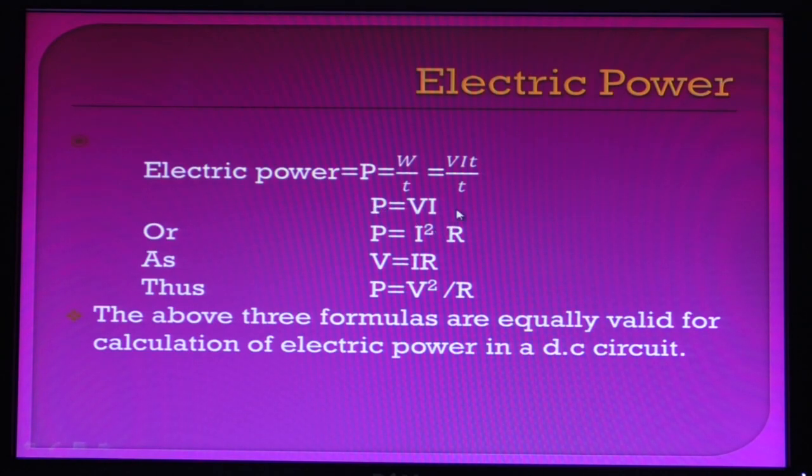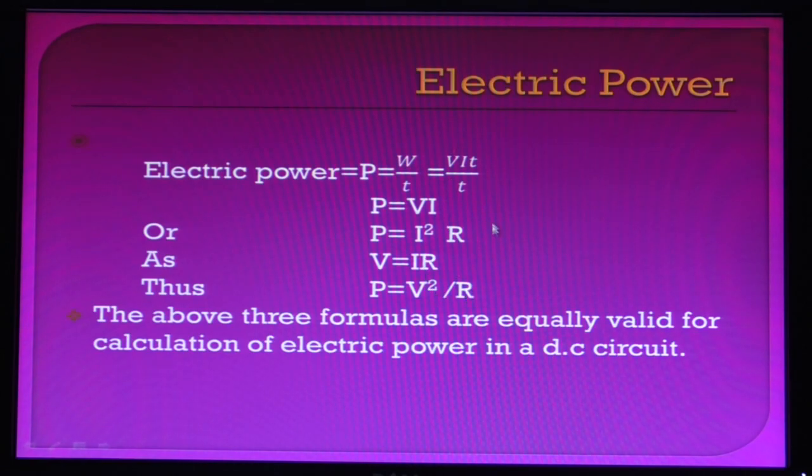By using Ohm's law, we all know V is equal to I into R. So instead of V, when we put IR, I into I makes it I square R. In this way we get the second formula for the electric power, that is P is equal to I square into R. Now again use Ohm's law, eliminating for I. I would be equal to V by R. Put the value of I: P is equal to V into V over R, which makes it V square over R.